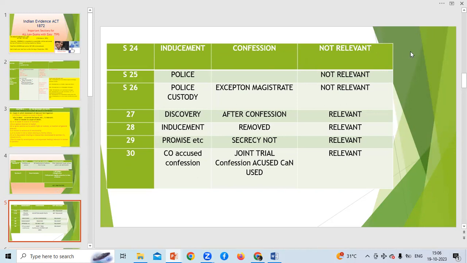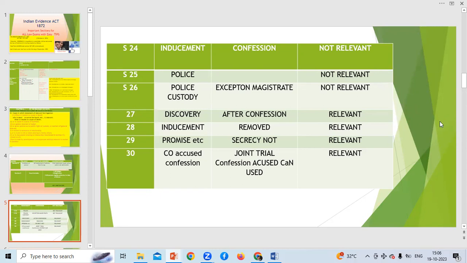Whenever there is an inducement in the confession, it is not relevant. The confession will not be relevant in evidence. Section 25. Police. When they are recording a confession, it is not relevant. It will not be taken as true. They have to prove it.